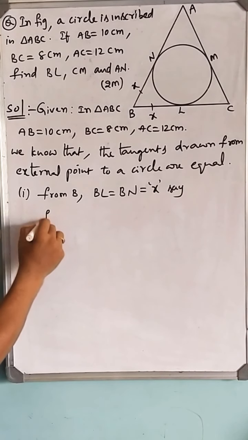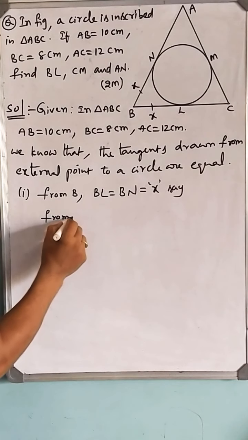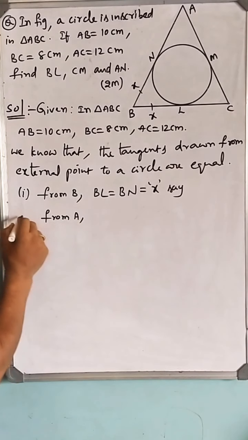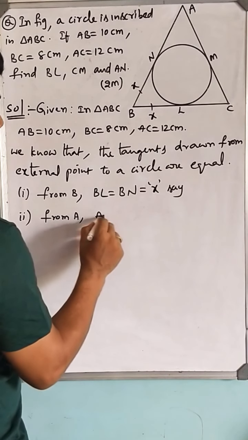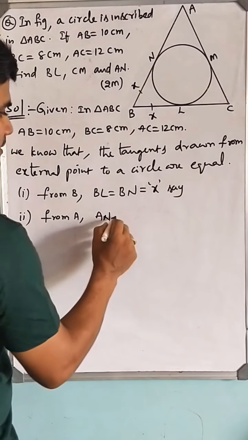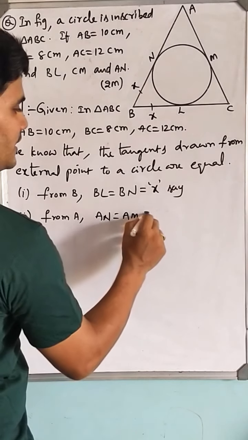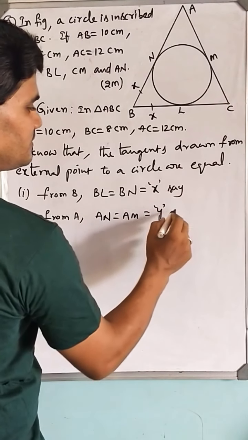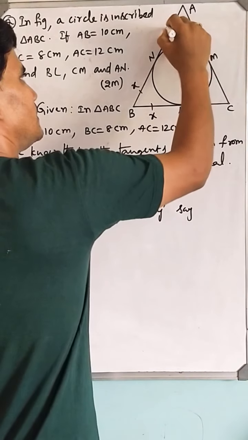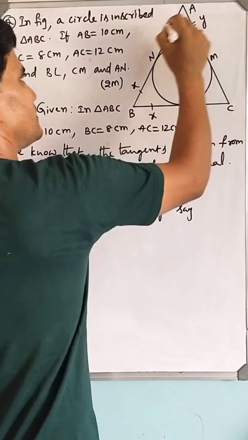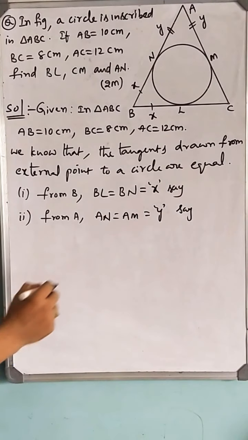Similarly, tangents from A, those are AN is equal to AM, let those lengths be y. So these two are equal, let them be some y.